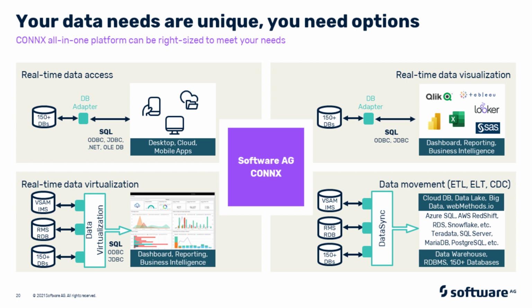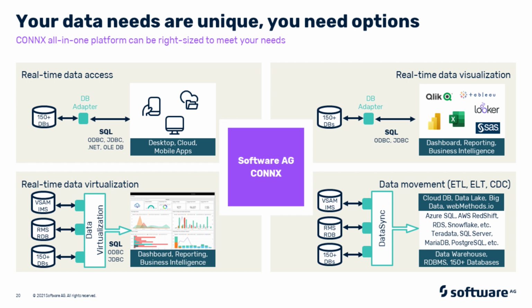When I talk about data access, we saw earlier in that first case study with the hotelier, with the vacation property, they just wanted pure data access from an application. So Connex offers real-time data access with something called our database adapter.